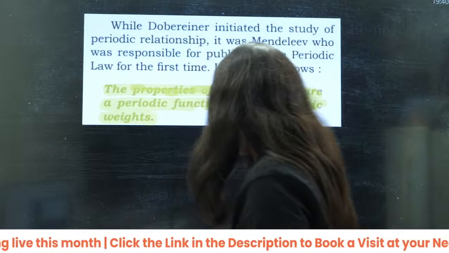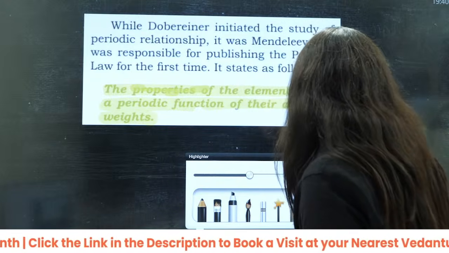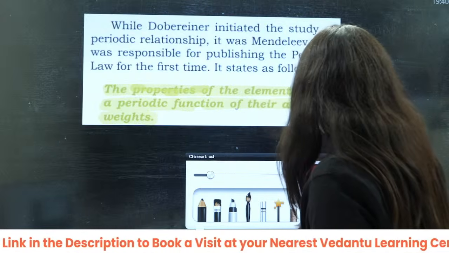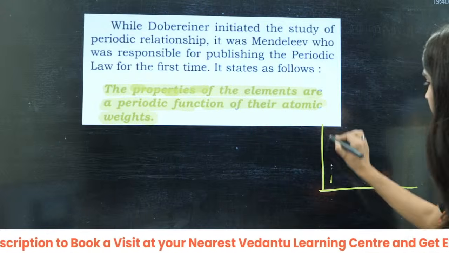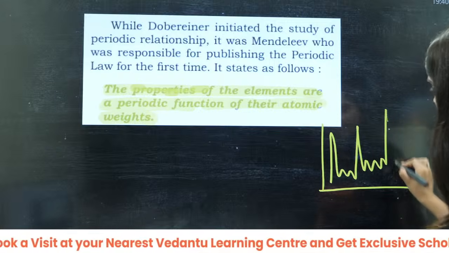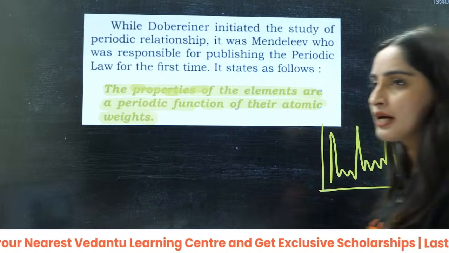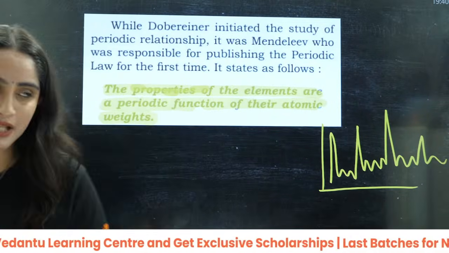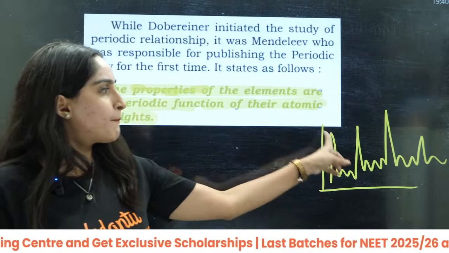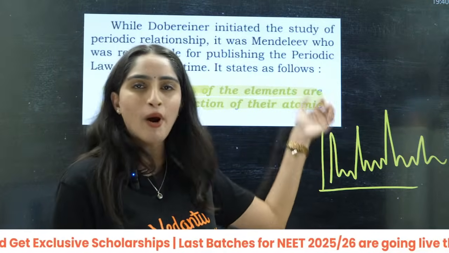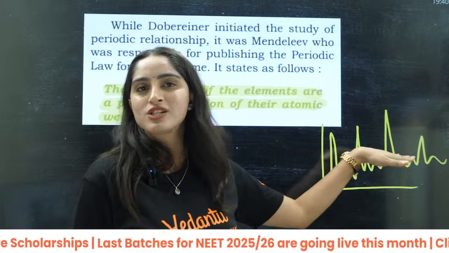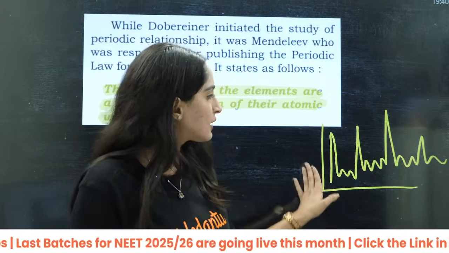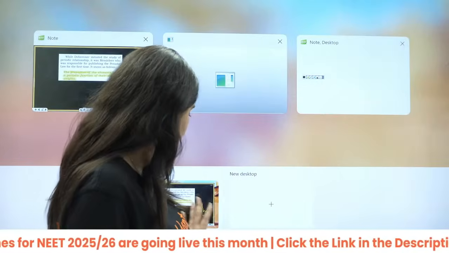And how does the Lothar-Meyer curve look? It looks like this, and then this, and then this. This kind of curve was there. He also told about the peak points, the ascending points, the descending points, the constant points. That I have already told you.